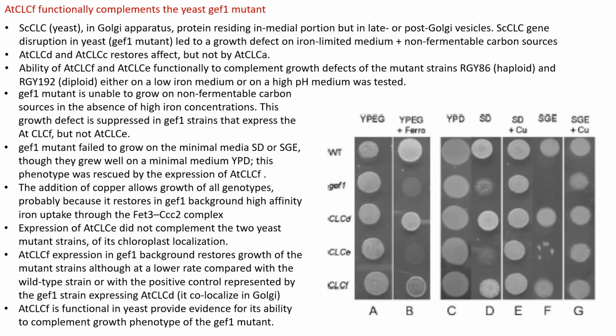And in this experiment, the results that you can see on the right hand side are from the mutant strain RGY86, and similar results were obtained for both of the mutant strains.